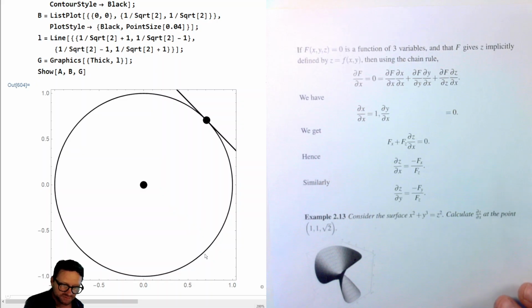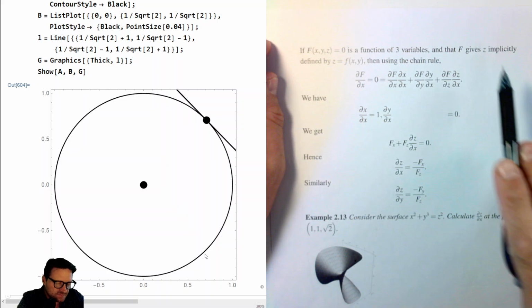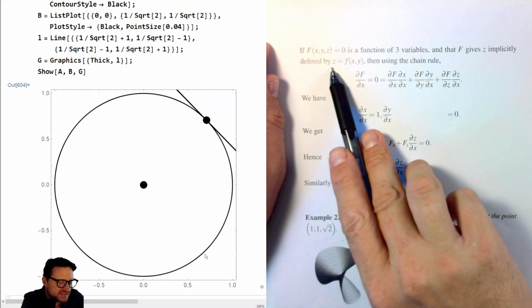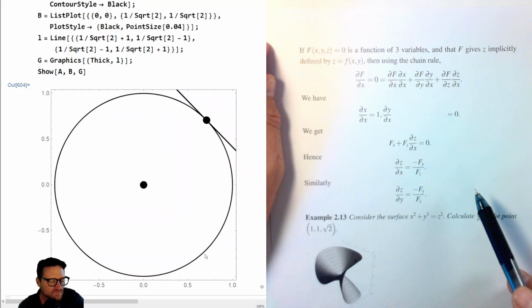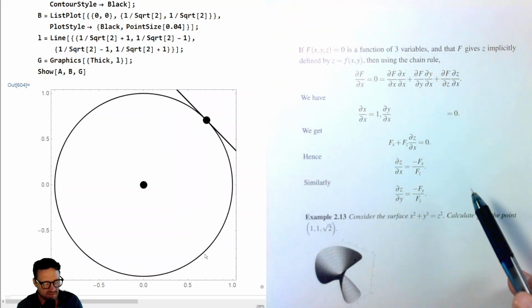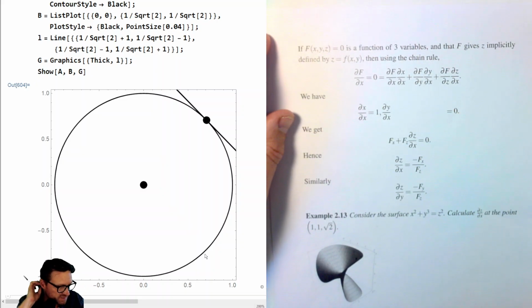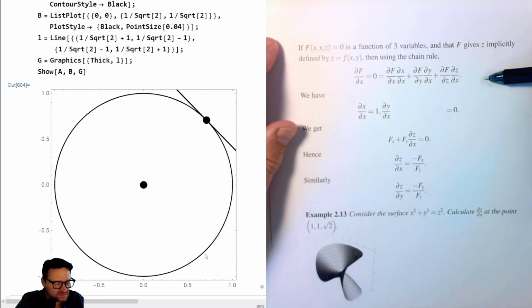All right, so if F of x, y, and z equals 0 is a function of 3 variables, and F gives z implicitly defined by z equals some other function of x and y, then using the chain rule for partial derivatives, where the input values are functions of some other letter, this is what we have.